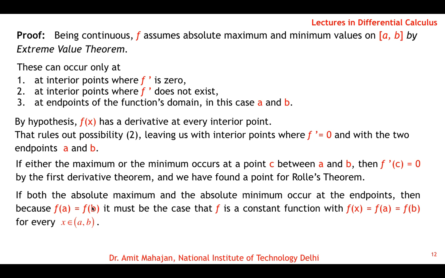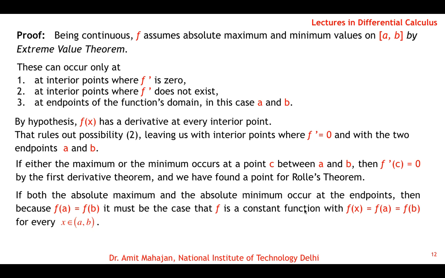The only possible way this could happen is that the function is a constant function. That means the function value at all x in the open interval must be equal to f(a) and f(b). All the points lie on the horizontal line.